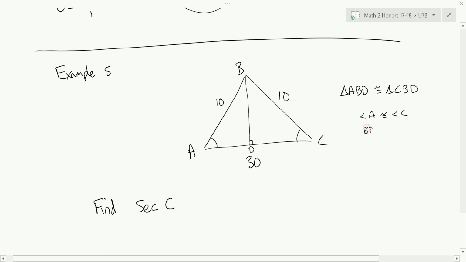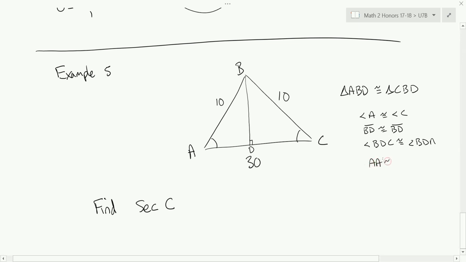BD is congruent to BD. Angle BDC is congruent to angle BDA because they're both 90 degrees. So this is side, side, side, or side angle side, or what? Angle, angle side. All right.